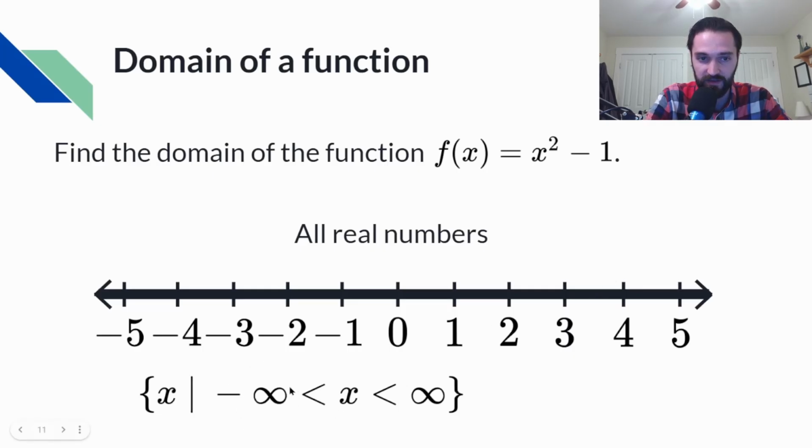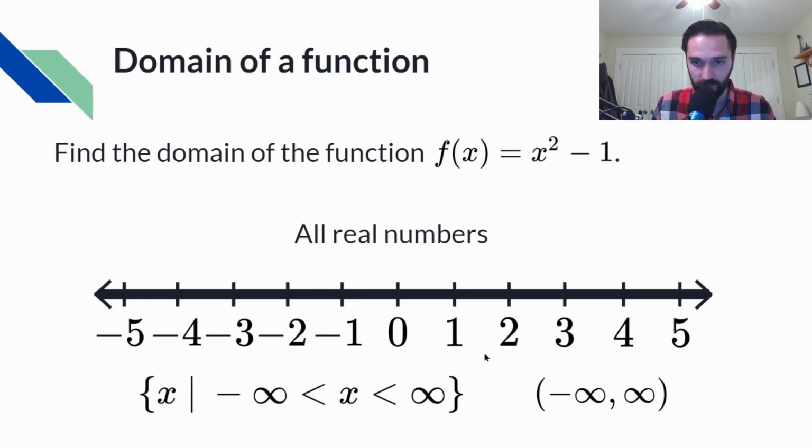It says, this is the set of all values x such that x is in between negative infinity and positive infinity. And finally, there's interval notation. This is the notation we'll use most frequently in the playlist. So the domain is everything from negative infinity up to positive infinity.